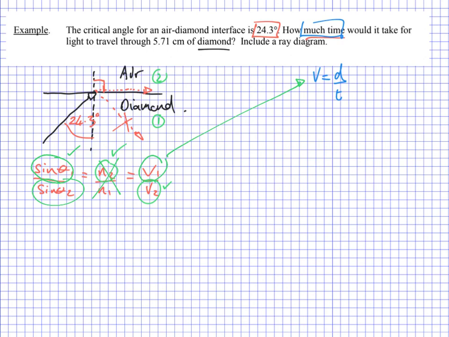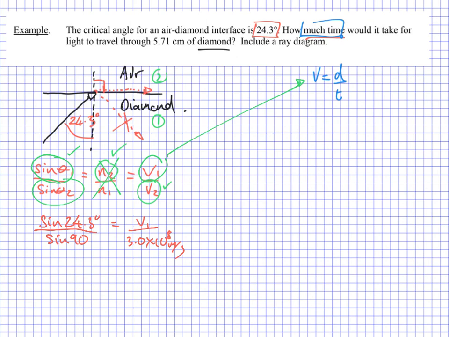Let's put these values in. I'm going to say sine 24.3 over sine 90 is equal to v1 over the speed of light, which is 3.0 times 10 to the 8 meters per second.